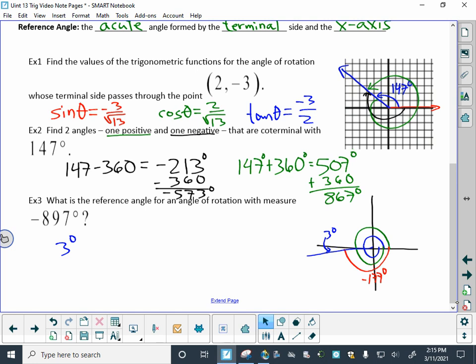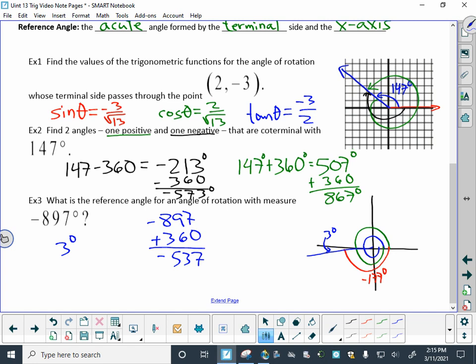So other ways that we could approach that, certainly we could take the negative 897 and start unwinding it by adding 360 degrees at a time. So negative 897 plus 360 gives me negative 537.